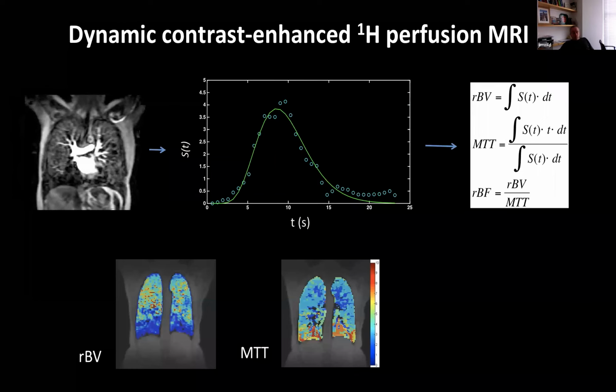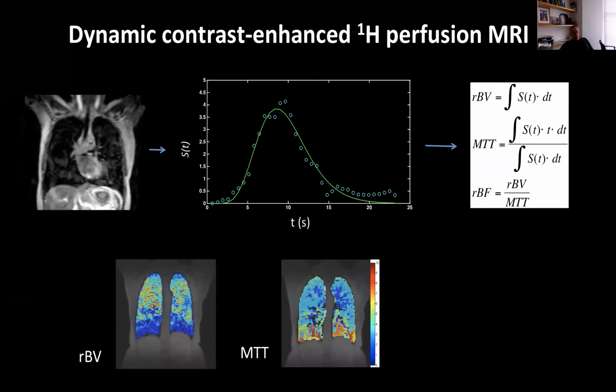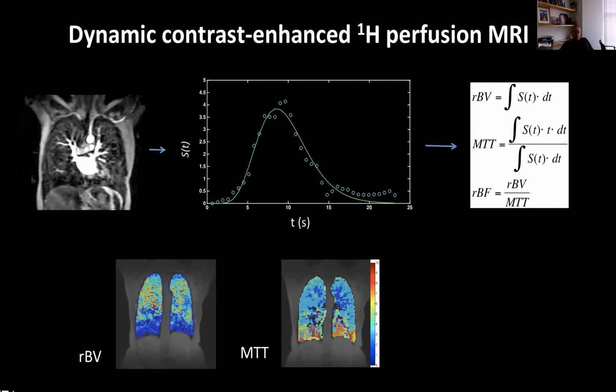The other thing we can do with proton MR is inject T1 shortening gadolinium contrast agents into the arm, and here we see the bolus passage of the agent through the lungs. So you see in the pulmonary vasculature there the time course of signal enhancement as a bolus of T1 relaxing gadolinium agent passes through the lungs.